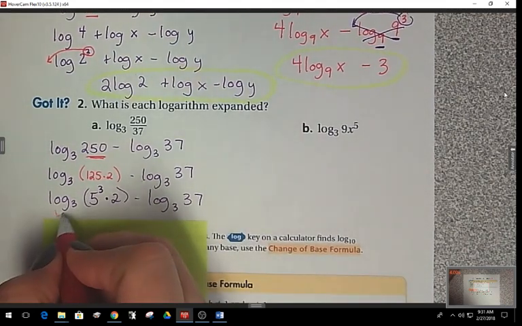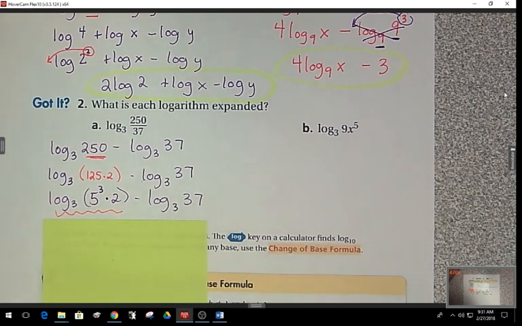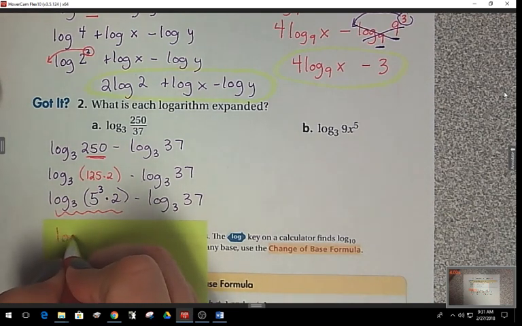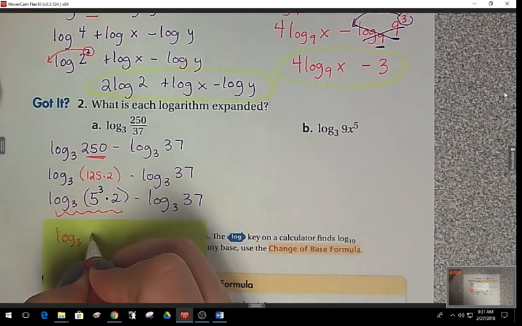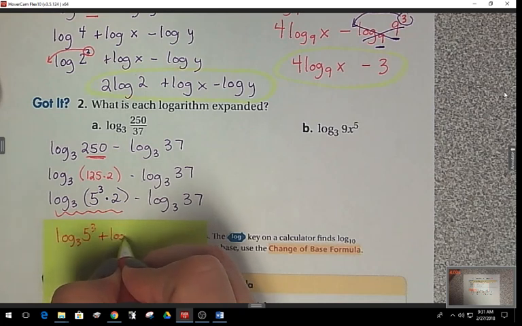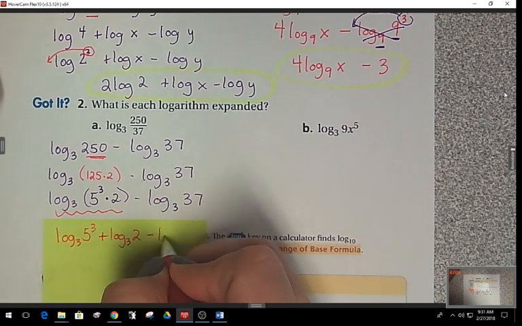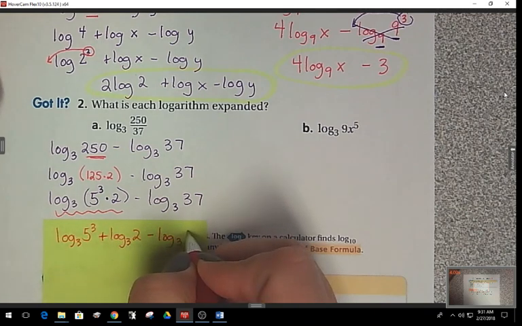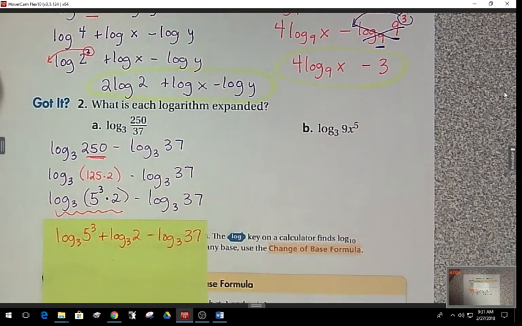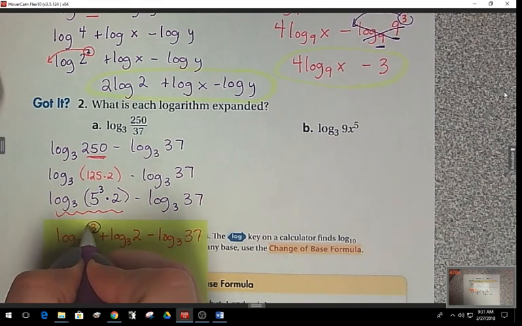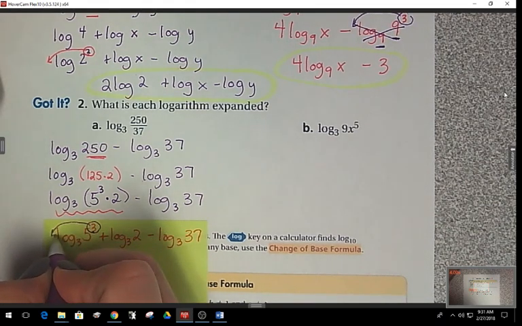I have to take this part and separate it out. So that will be log base 3 of 5 cubed plus log base 3 of 2 minus log base 3 of 37. And now I have to fix this power, move it out in front.